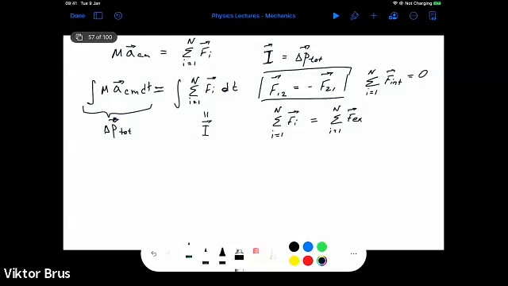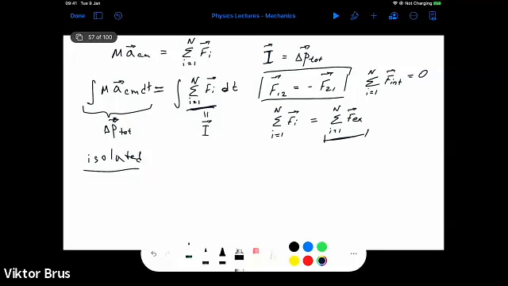So taking into account that this sum of all forces is the sum of only external forces, we can write, if our system is isolated, the definition of an isolated system is that external forces are equal to 0 or they are compensated. So in any way, the sum of all external forces which are exerted on the system is equal to 0.